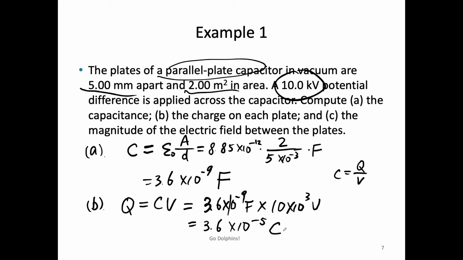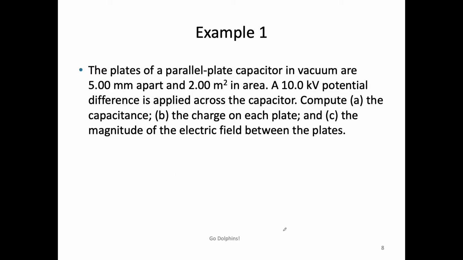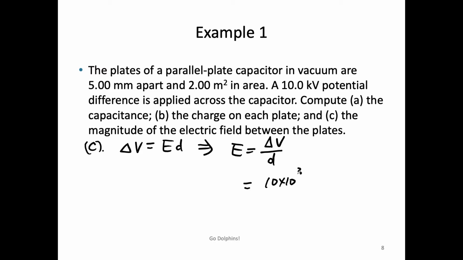And then I want to find the magnitude of the electric field between the plates. I have delta V equals E D for a uniform field, so E is delta V over D. I know my delta V is 10,000 volts, and D is 5 times 10 to the negative 3 meter.